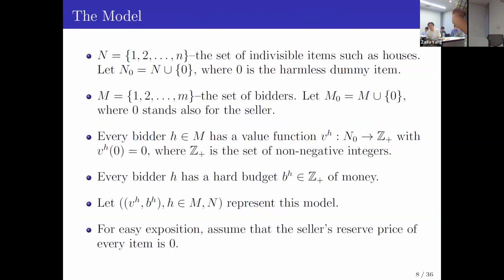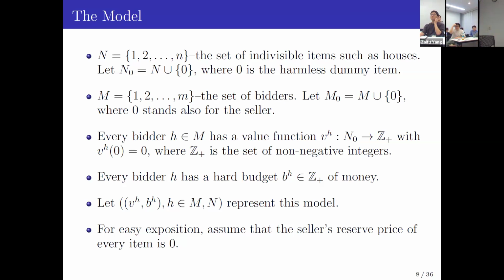Okay. Now look at the model. So basically, it's an assignment market. We already studied this in the first lecture. So we have n atoms, and we also use 0 to mean the dummy atom. Now we have a group of bidders, N. Then I use 0 to represent the seller.